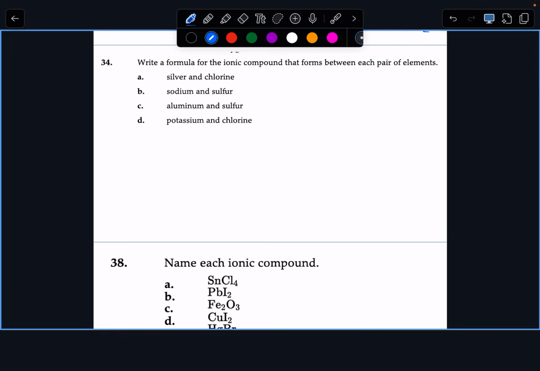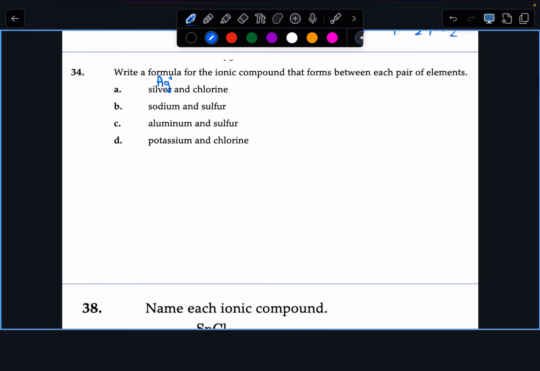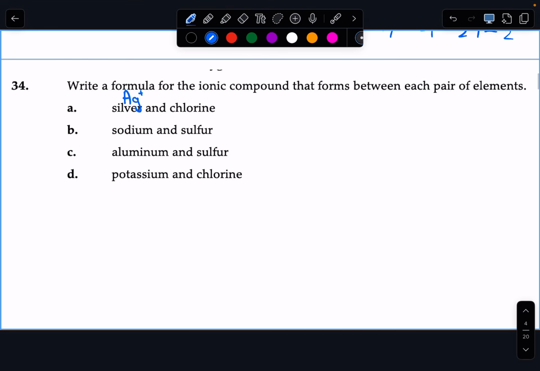Okay, so in 34, silver is a transition metal, but this is one you're supposed to have memorized that it's only +1. So the compound that it's going to form, I just realized we could have included the next one in it as well. Oh, well. The compound that it's going to form depends on the charges of the two, so +1 and -1.